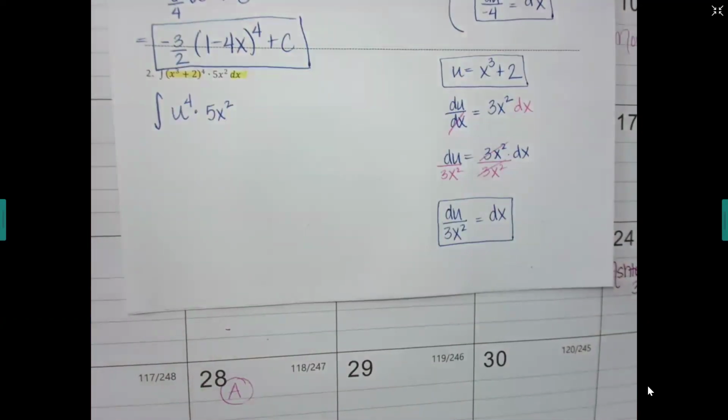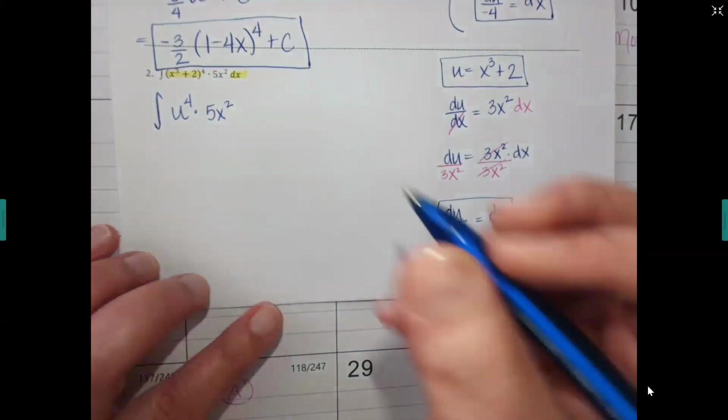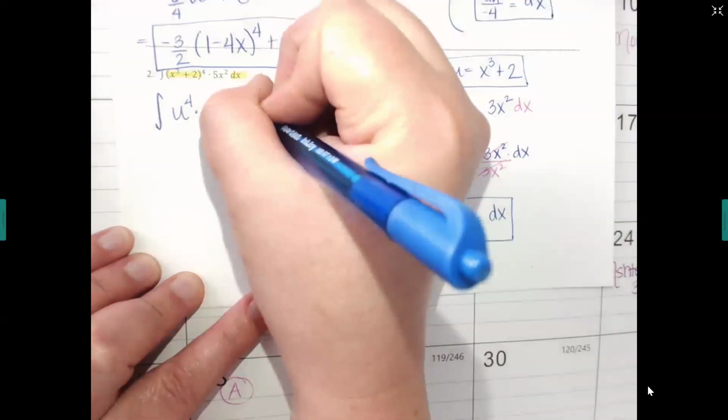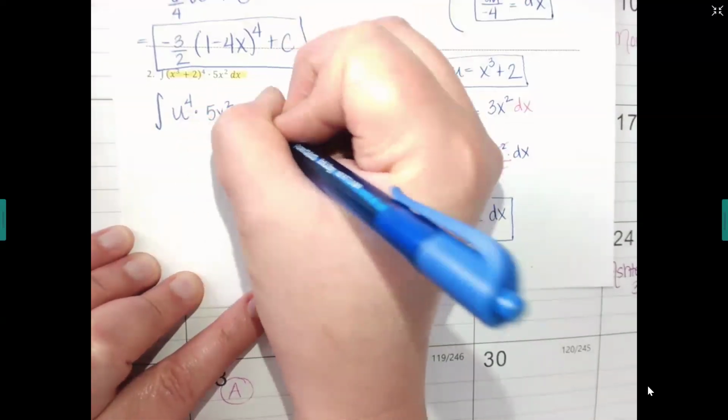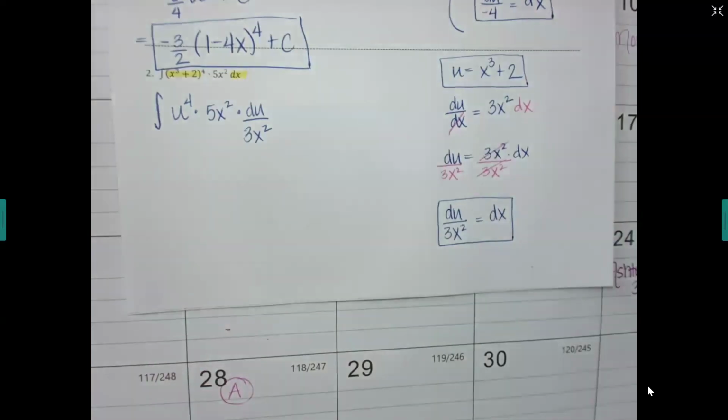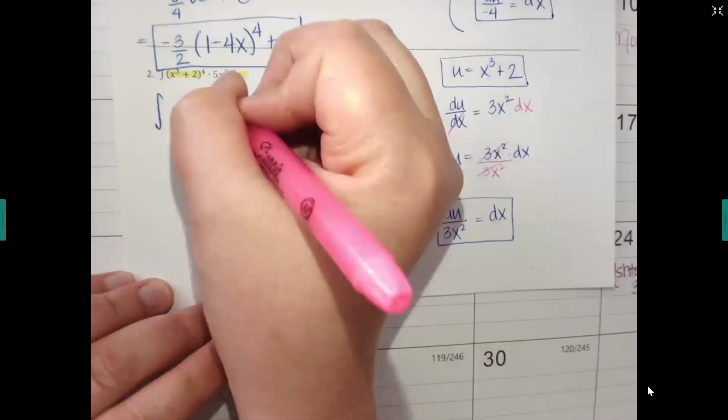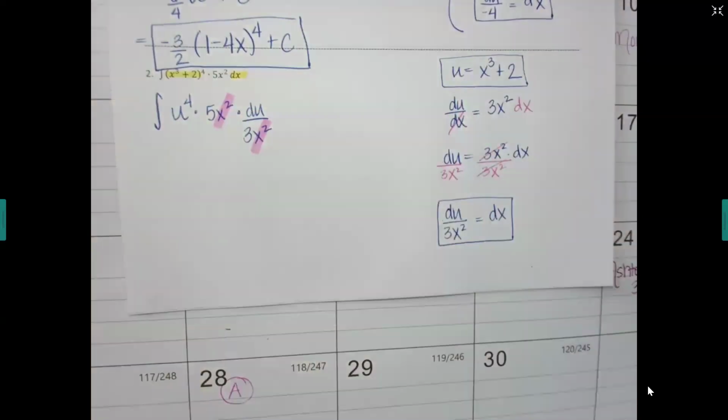What's going into the dx spot? A du over 3x squared. Now, remember what I said. Once you rewrite this, it should only be u's. And I see that I have some x's, but why is that not a problem? One of my x squareds is on top, the other one's on bottom. What are they going to do? Cancel out. So if you have x squareds at this step, or any x at this step, they should cross out.